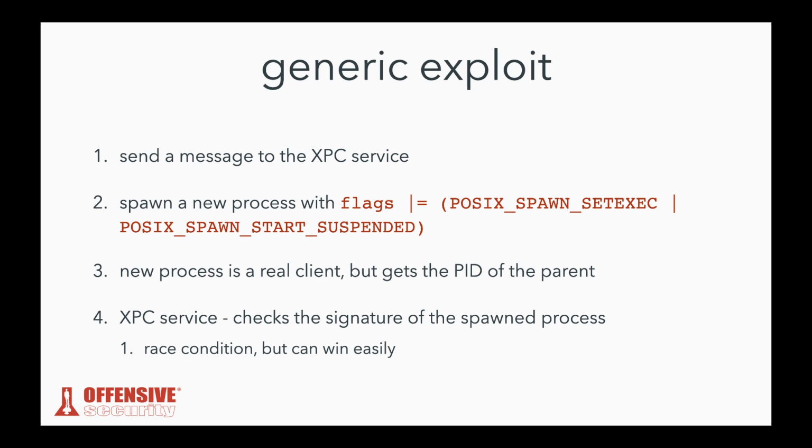So when the XPC service gets the message and checks the signature of the spawned process, that time the real client will run and the signature will be just fine based on the process ID.